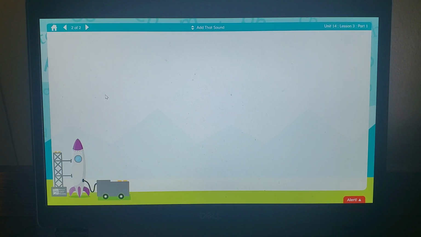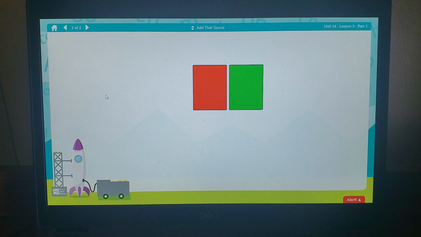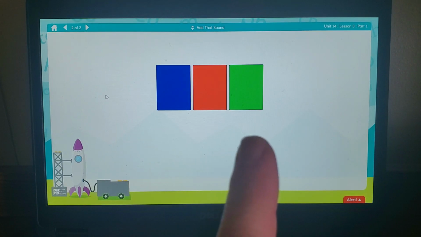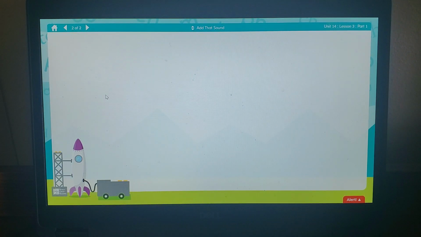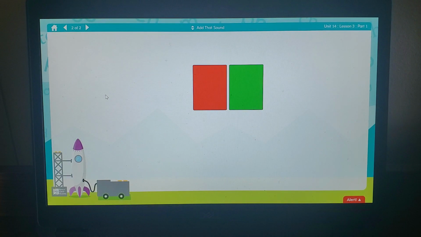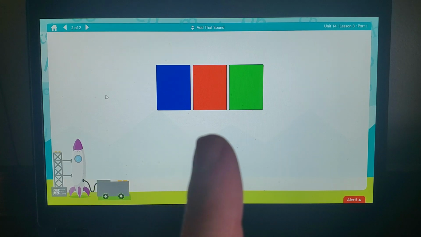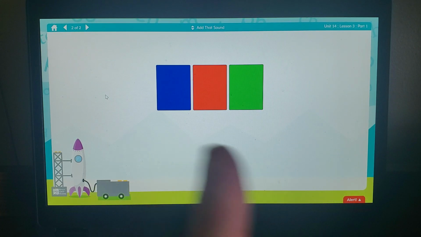Next we have itch, itch, add r at the beginning of itch. Now we have r, itch, rich. Next we have egg, egg, add b at the beginning of egg, egg, beg.